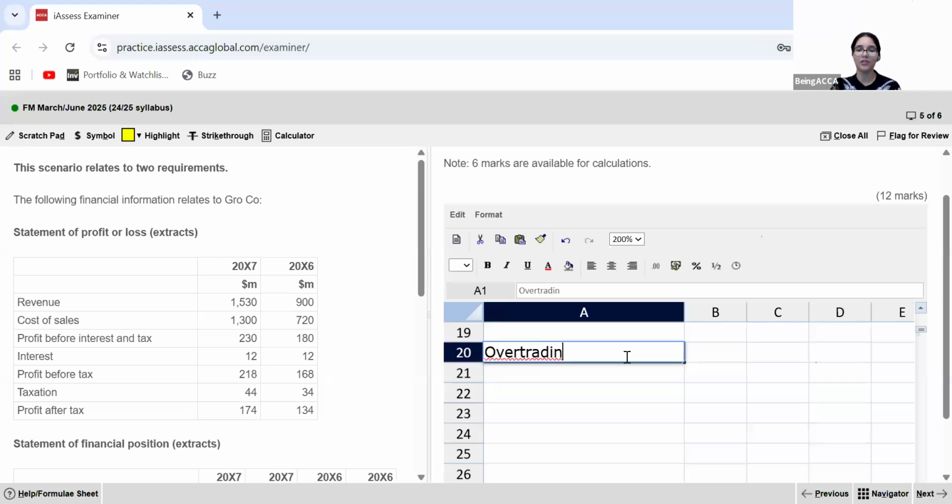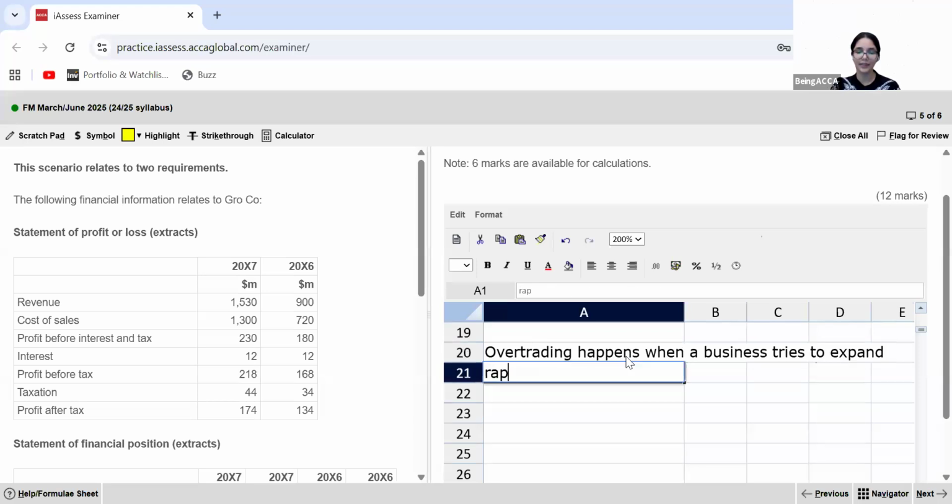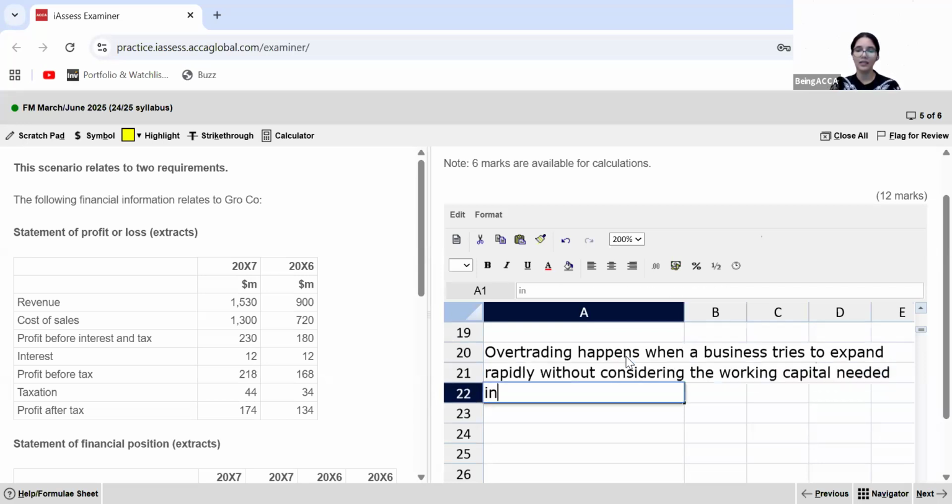Overtrading happens when a business tries to expand rapidly without considering the capital needed, or you can say the working capital needed in the long term to sustain that scale of the business.